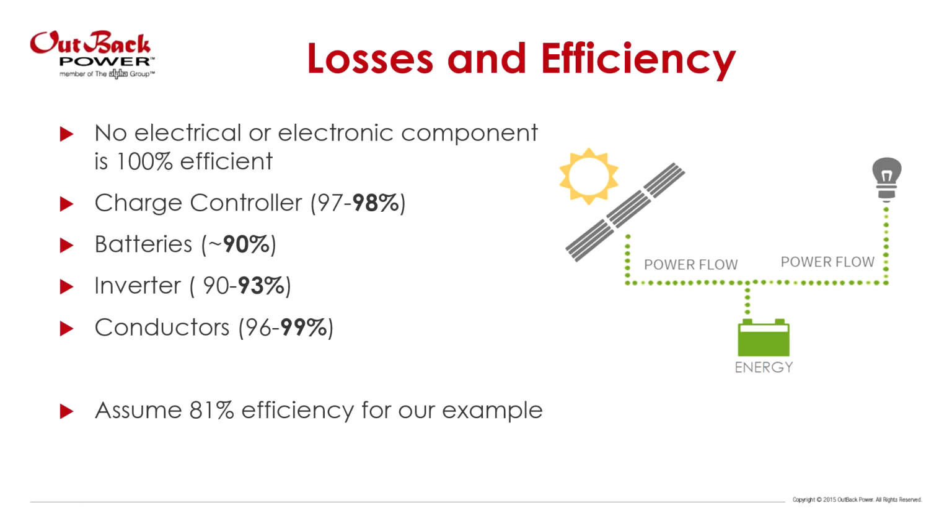Although we don't have the inverter or the charge controller in here, that's efficiency from the panel out to our loads. So that's our total efficiency, 81%. We will be using the inverter efficiency, 93%, for our batteries, and I'll explain later.